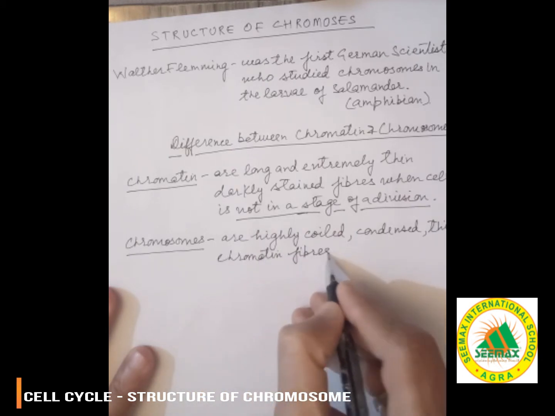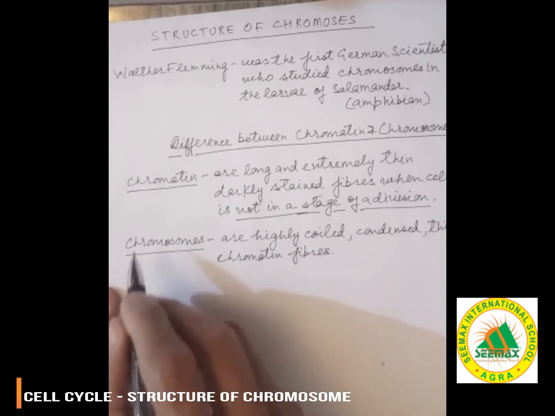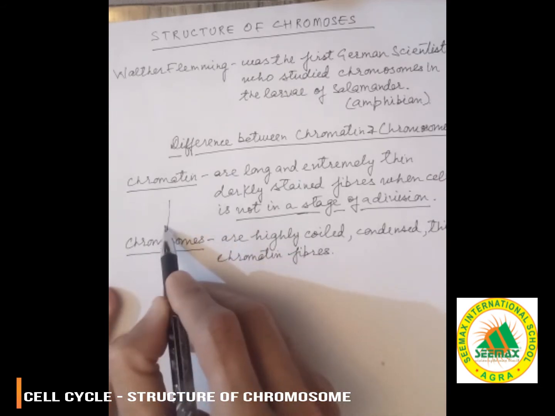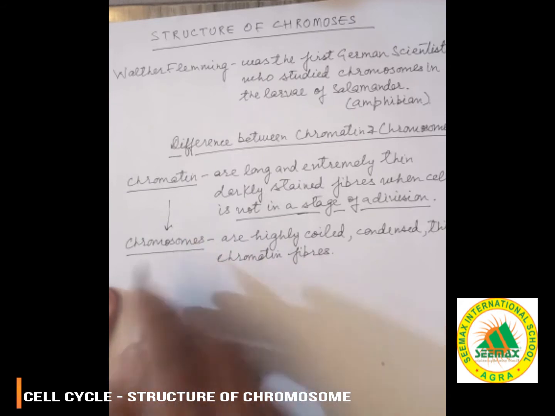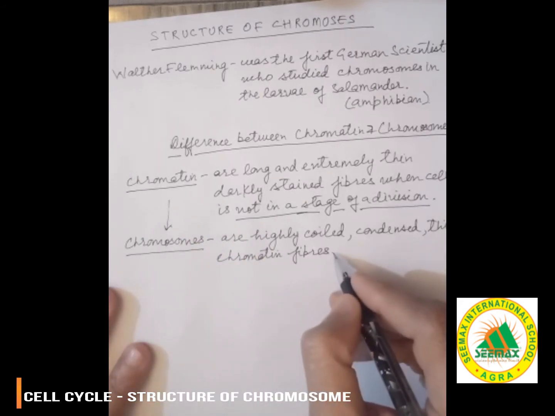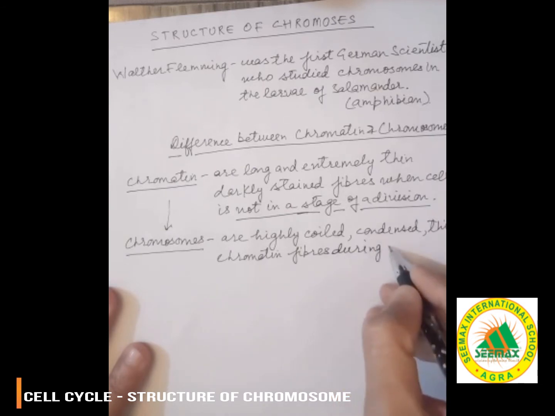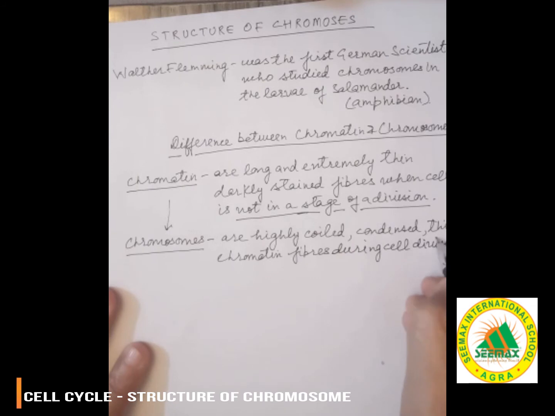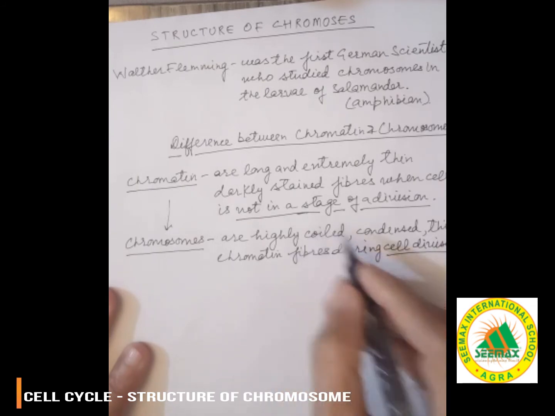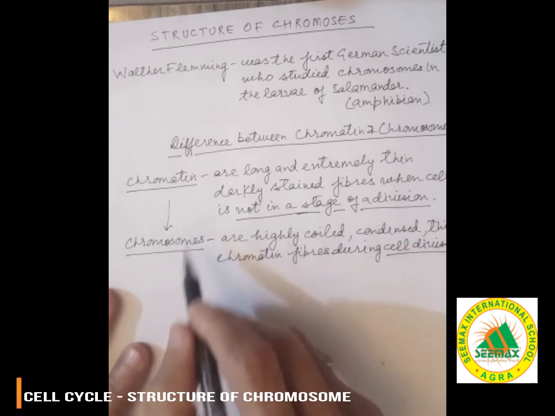So actually they are chromatin fibers only, but when they become highly coiled, condensed, thick, then they are called chromosomes. And it happens mainly during cell division.